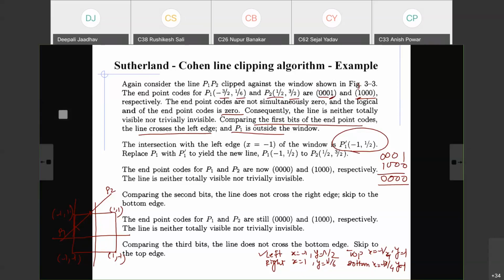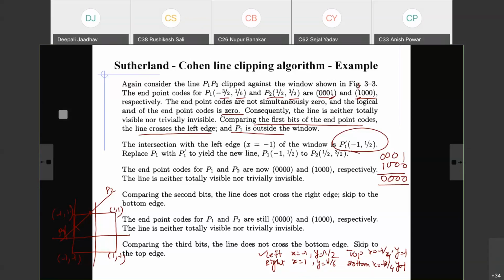For the first bit of the endpoint codes, it indicates that the line crosses the left edge. Why? Because it is 1. And P1 is outside the window. As P1 is outside the window, we calculate the left intersect. What is our left intersect? We already calculated it previously: minus 1, 1 half.